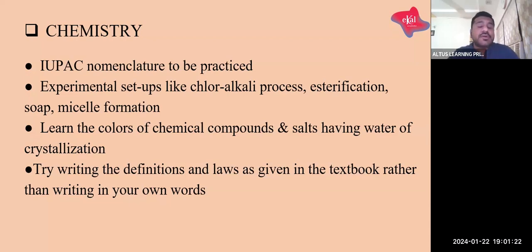So you should remember their colors. Try writing the definitions and laws as given in the textbook rather than writing in your own words. Because as I said in physics also, the laws are given by someone and we should not alter the language.